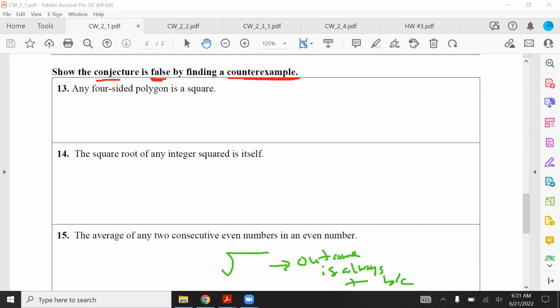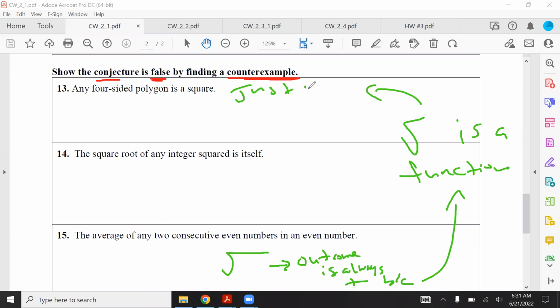And that's because square root is a function, meaning just one output.